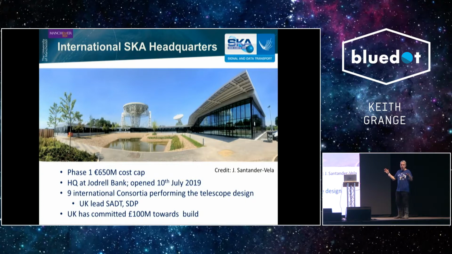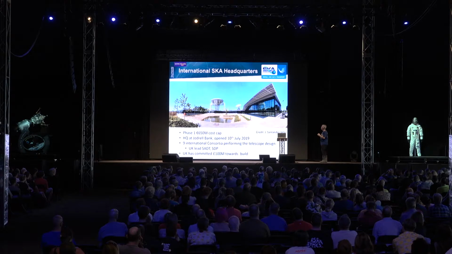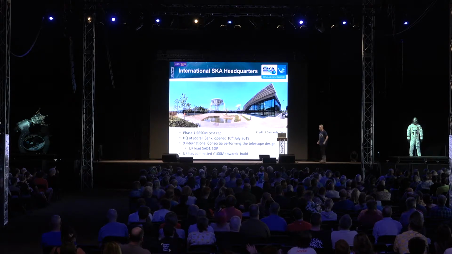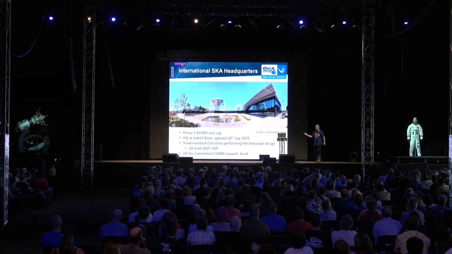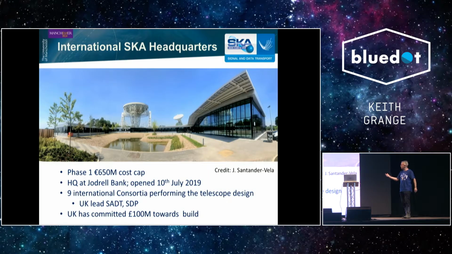And this international project is headed from a headquarters which is 100 yards or so over that way. And this was actually opened just a week and a half ago. So really exciting time for us.